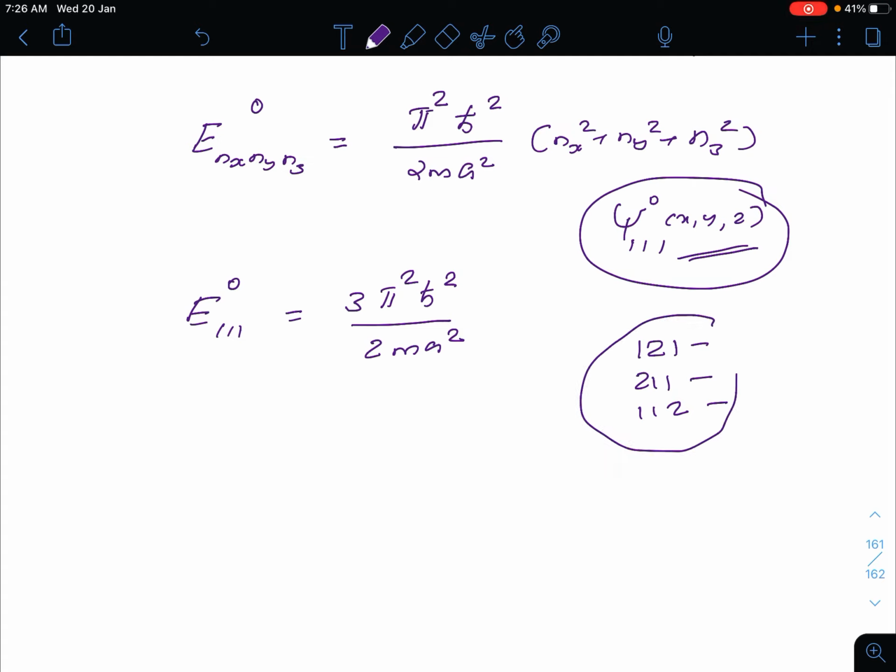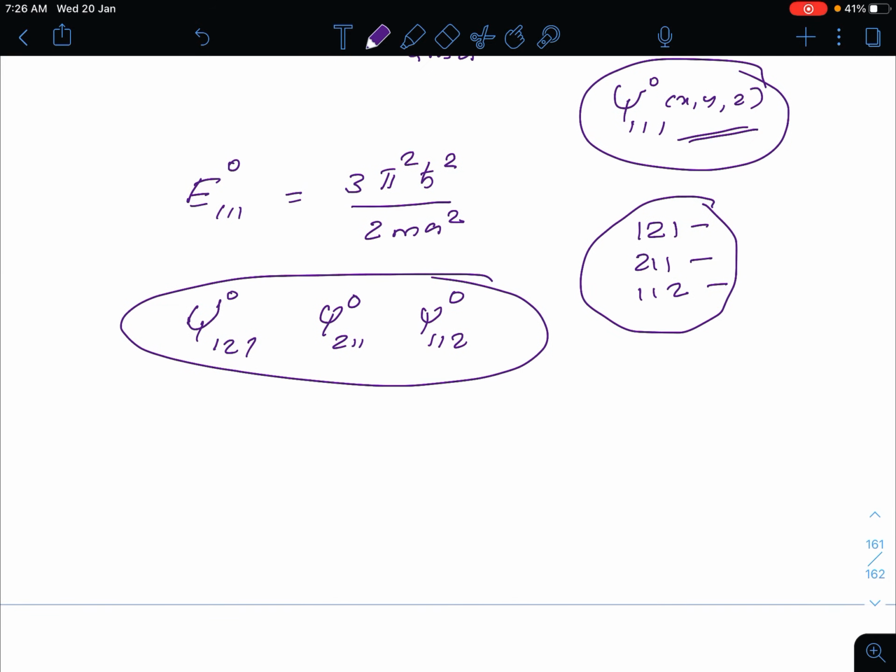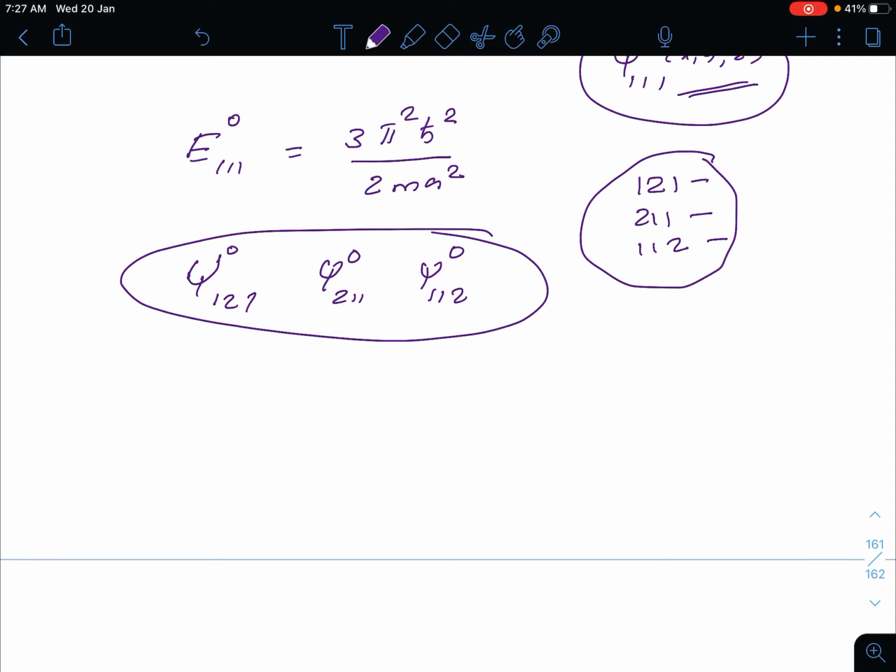So nx square plus ny square plus nz square is 6 for all of them, and all these different states, psi 121, psi 211, psi 112, have the same energy. That means these are triply degenerate states, three different states but the same energy.